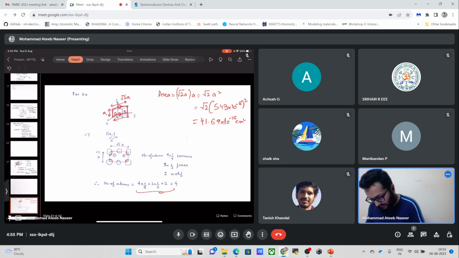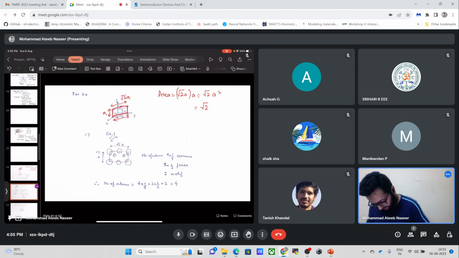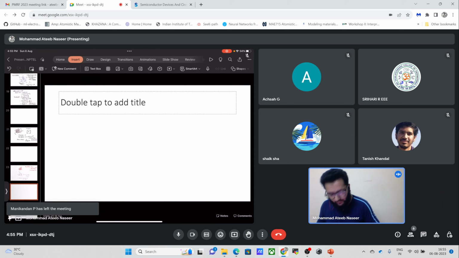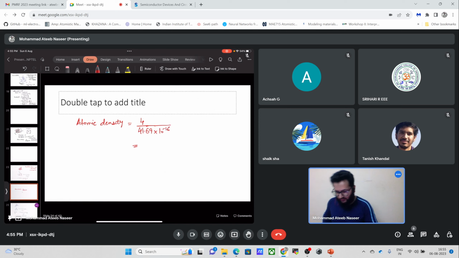So if I solve for this atomic density in this plane, it would be simply atomic density equal to the number of atoms, which is 4, divided by the area, which is 41.69 into 10 to the power of minus 16, and it would be equal to 9.59 into 10 to the power of 14 per centimeter square.